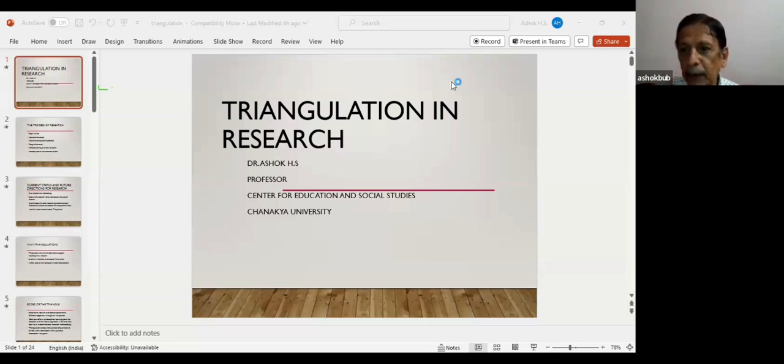In qualitative research, the emphasis is more on in-depth understanding of a particular phenomenon. That's where a small size becomes an important factor. What that small size is depends upon your research problem or research objective.